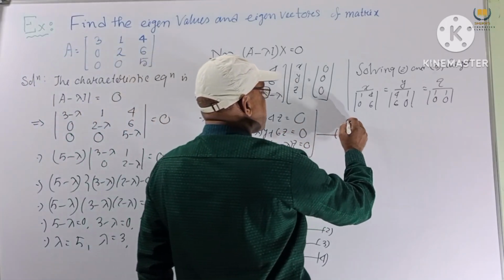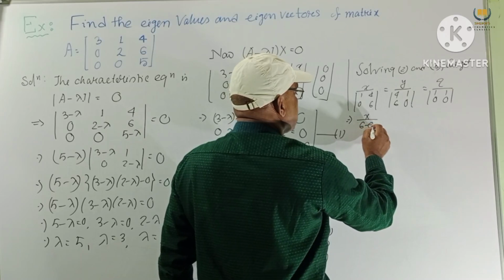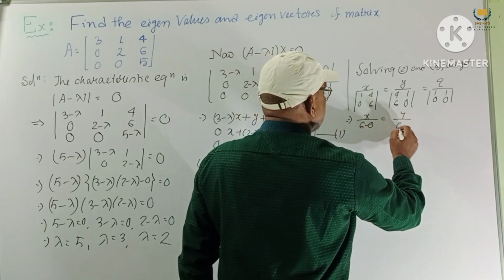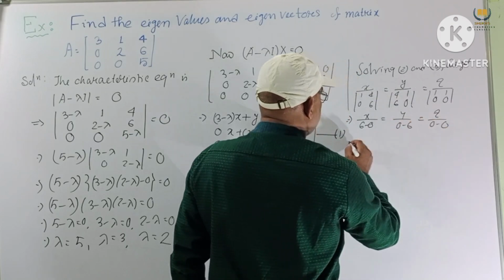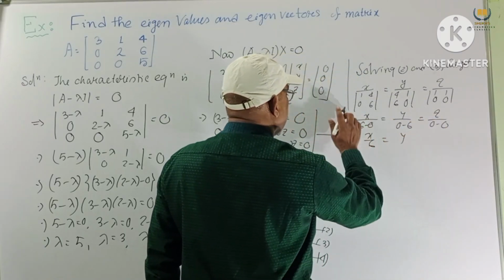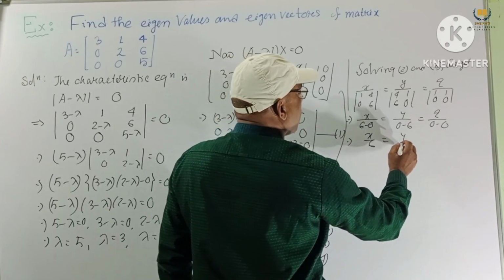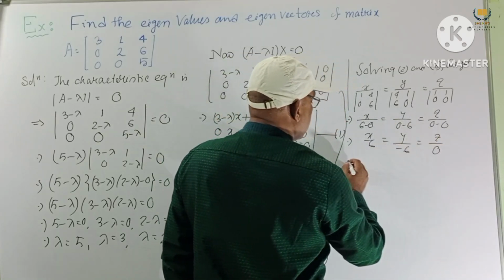Now we expand this: x by 6 minus 0, y by 0 minus 6, z by 0 minus 0. So x by 6, y by minus 6, z by 0.